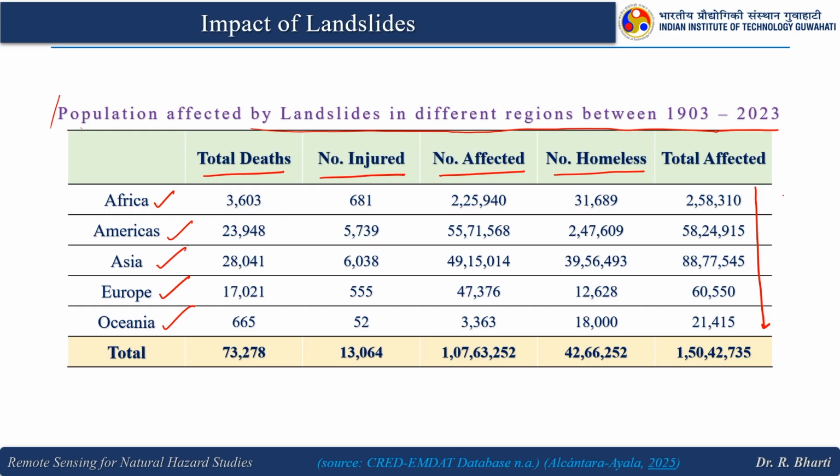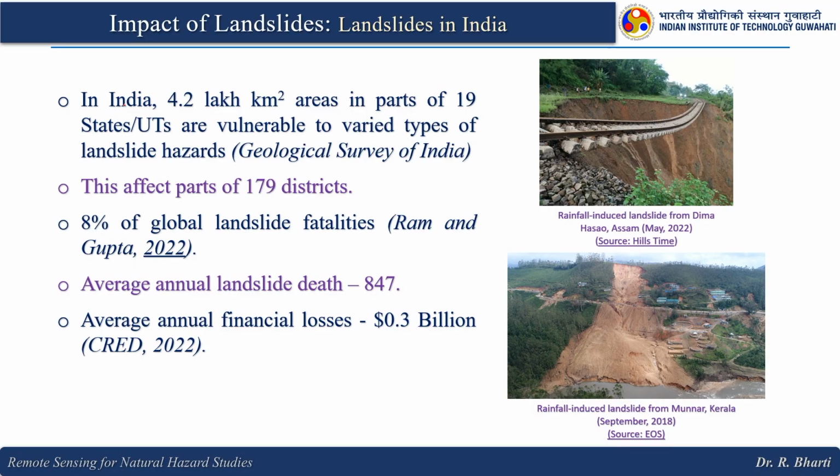That means we have to be very cautious, and we have to start looking at this particular problem, the landslide hazard, as a multidisciplinary approach. So one particular field cannot solve it and cannot provide all the information. So we have to join together, and then we have to start looking at the landslide hazard as a multidisciplinary problem.